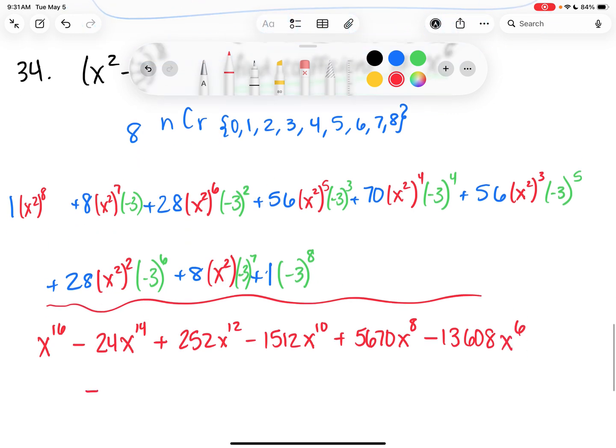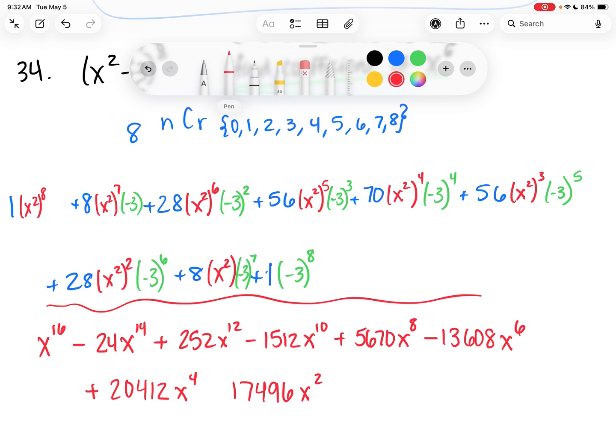Plus 3 to the 6th times 28, 20,412 x to the 4th, plus 3 to the 7th times 8, 17,496 x squared, and finally, wait, this term should be negative.